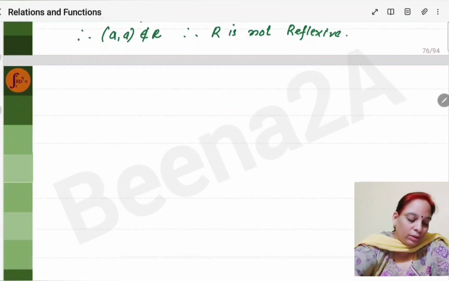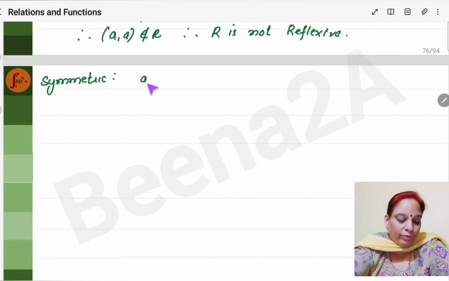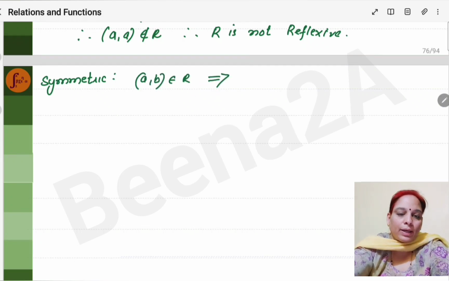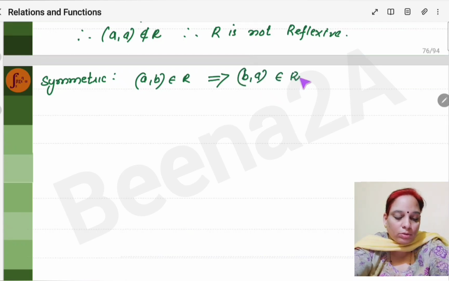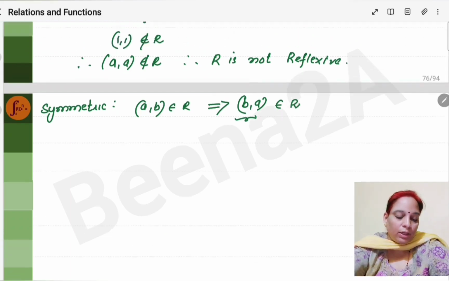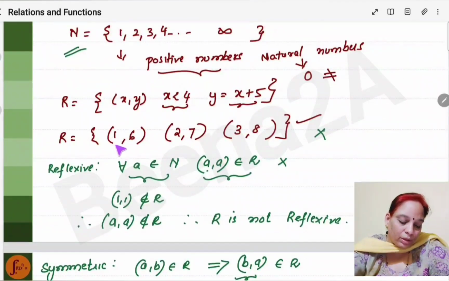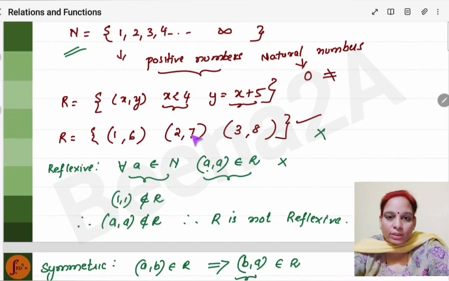Now we'll figure out symmetric. What is the condition for symmetric? If AB belongs to R, this should imply that B comma A also belongs to R. That is, the reverse combination should be there in R. Now let's go and check. We have 1 comma 6. We don't have 6 comma 1. We have 2 comma 7. We don't have 7 comma 2.